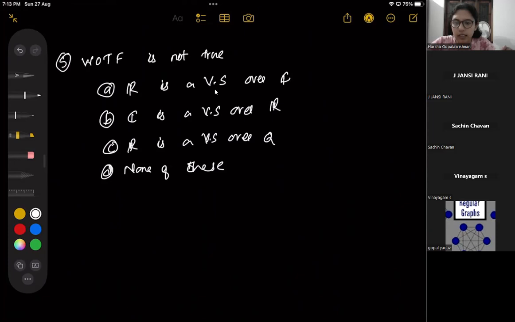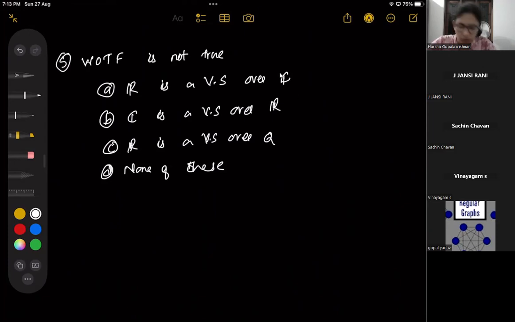Ma'am, there is a scalar alpha in the complex field and the vector in the real field, the multiplication is not in the real field. Yes, correct. Because if R is a vector space over C, C is a field, and if we are taking an element alpha from C, then alpha into R should be an element of R.